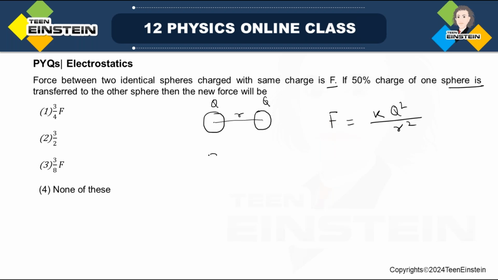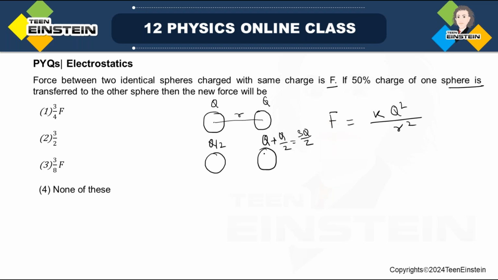See, suppose 50% of charge, like say Q by 2, has been transferred to the other one. So this one has now got q by 2, but this one will have q plus q by 2. So this is where people make the mistake.